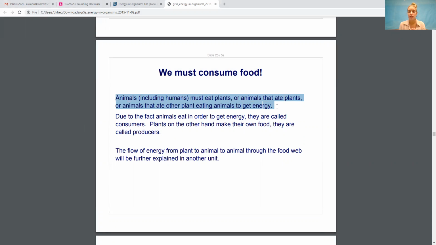So as humans, we eat either animals that ate plants or we eat plants. So in one form or another, we're getting our energy from either other animals or from plants, okay? Ultimately our energy is coming from those plants.